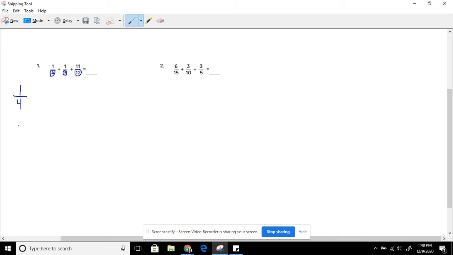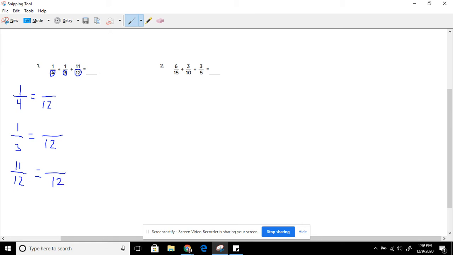So I've got 1/4, 1/3, and this is to find equivalent fractions to be able to add these fractions. We have to add them with the same denominator. So 1/4, I need the denominator to be a 12. 1/3, I need the denominator to be 12, and 11/12, I need the denominator to be a 12.